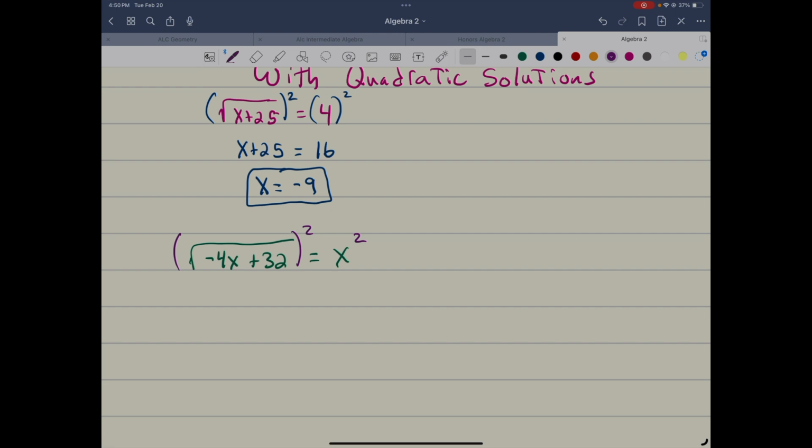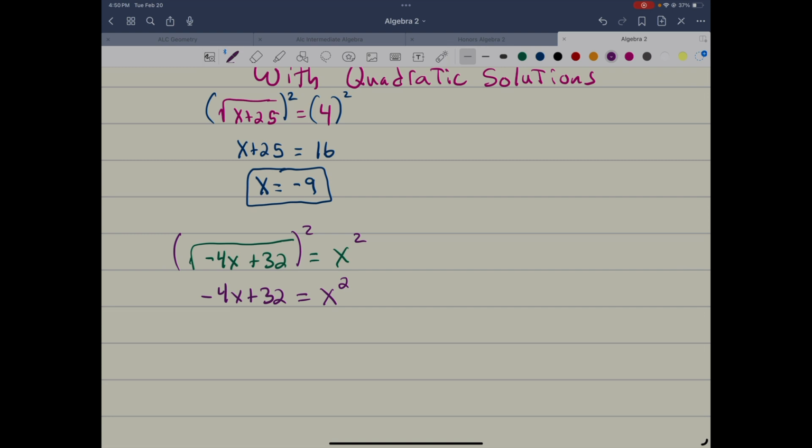That's going to get rid of the square root and leave me with -4x plus 32 is equal to x squared. But now you notice we've got a quadratic. We've got x squared. And remember when we talked about in the first semester, if you get x squared, it means you're going to try to factor it using the x method. So if we get an x squared in there, we've got really 3 terms.